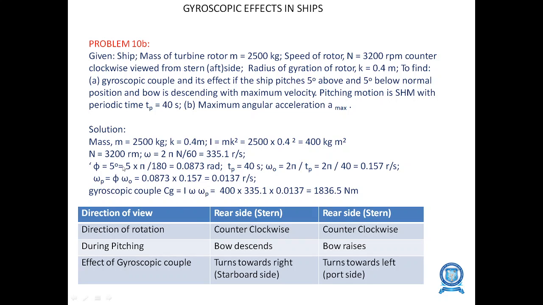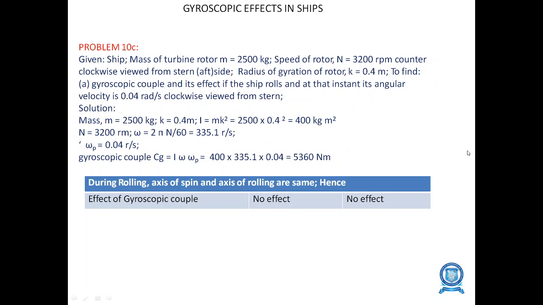So 5 degrees, changed into radians, is 5 into pi by 180, which is 0.0873 radian. Given time period 40 seconds, find omega naught, 2 pi by Tp. Then omega p is phi into omega naught, so the value is 0.0137 radian per second. After substituting the values, mention the results in a tabular column.